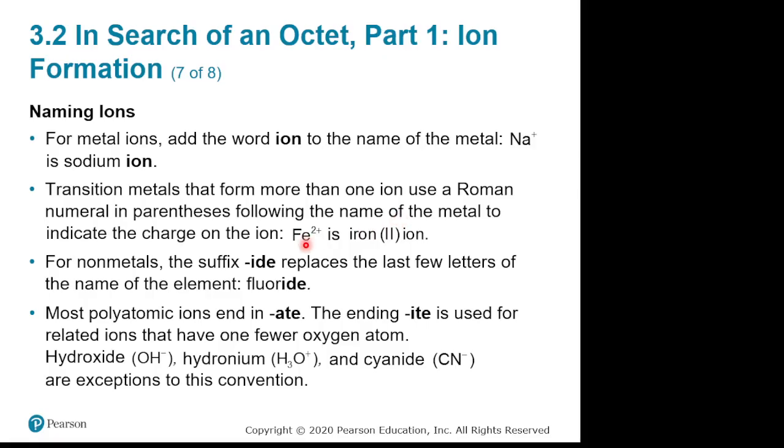If that was a 3+ charge, what would we put here? 3. Yeah, Roman numeral 3. Does everybody know how to do a 4? Single line, then V, right? 5 is V, and then 6 is V, then single line. Okay? Everybody got that all right?